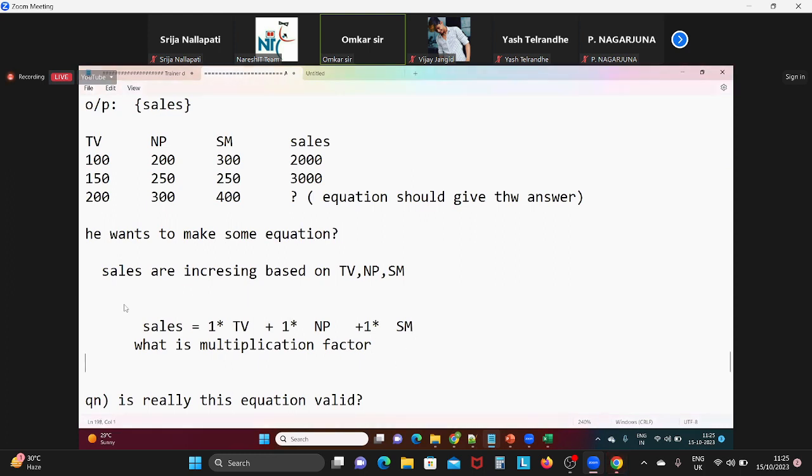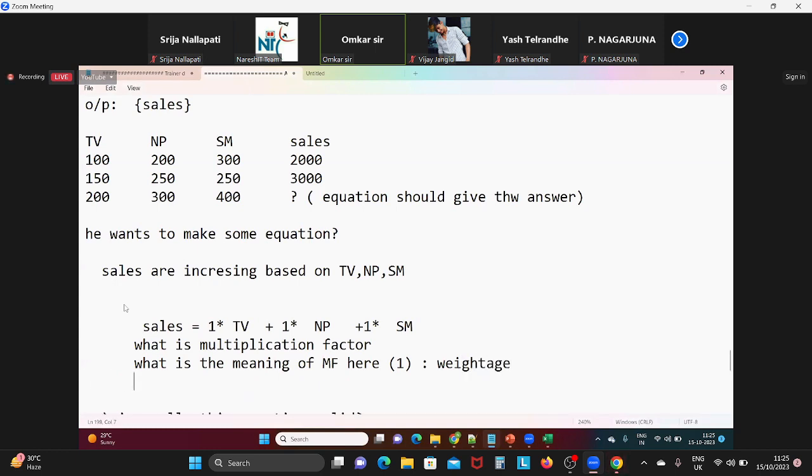Now, next question is, what is the meaning of the multiplication factor, MF, here? You are saying 1. It is nothing but a weightage.